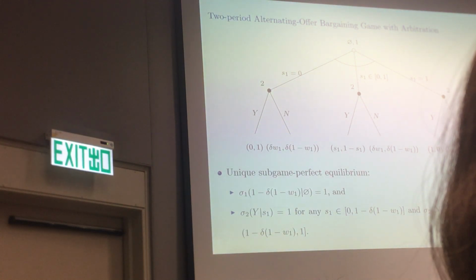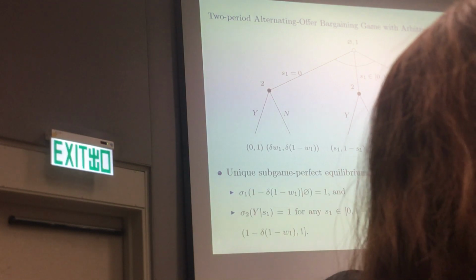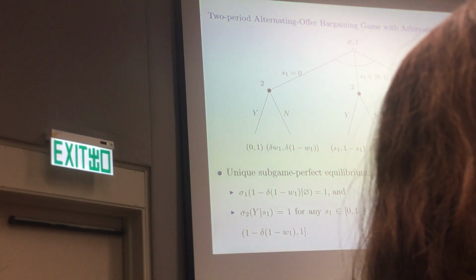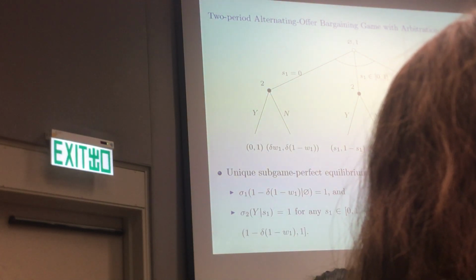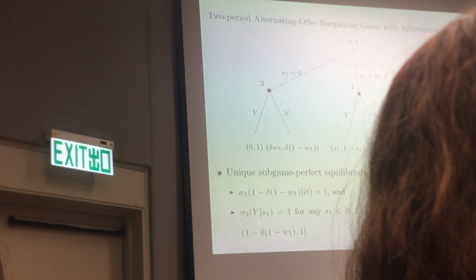Any question? Okay, so maybe the exact form of the equation here can be difficult to understand because the calculation can be messy. But the idea is very simple. We are just doing backward induction.